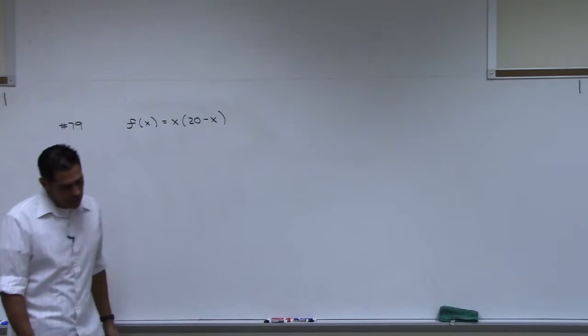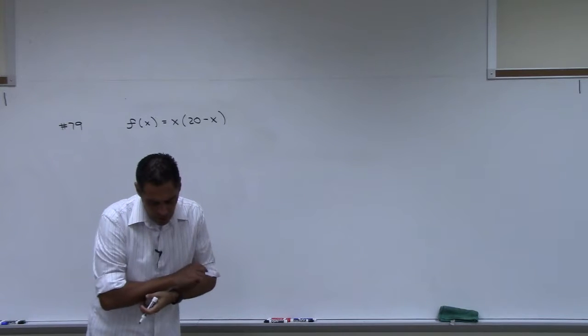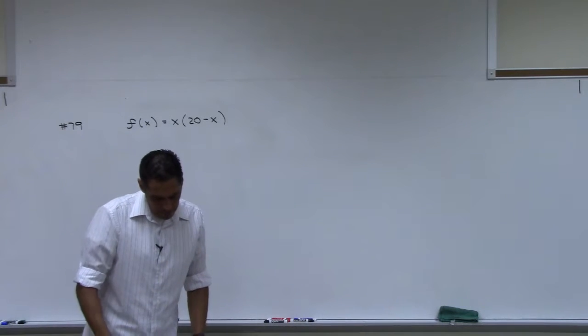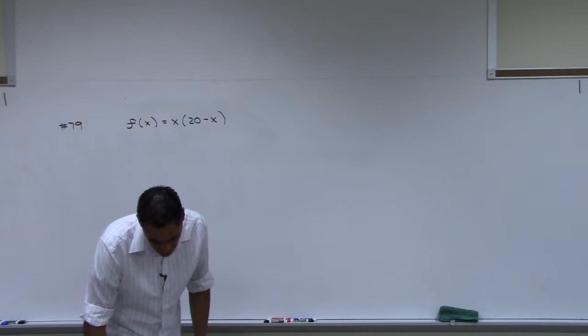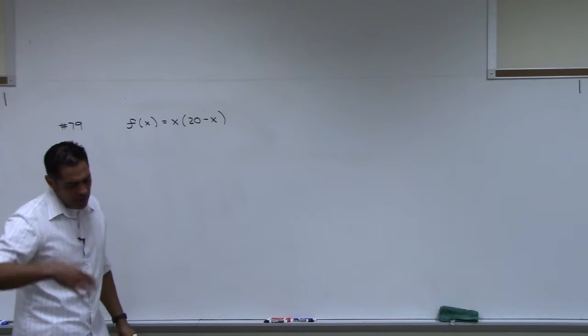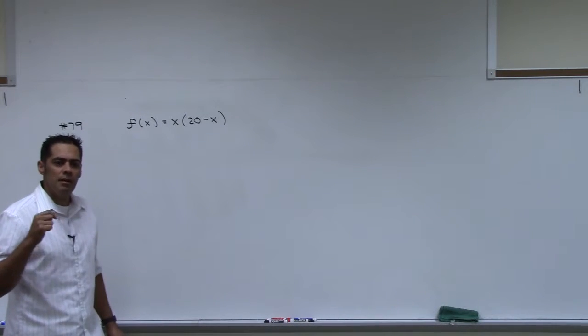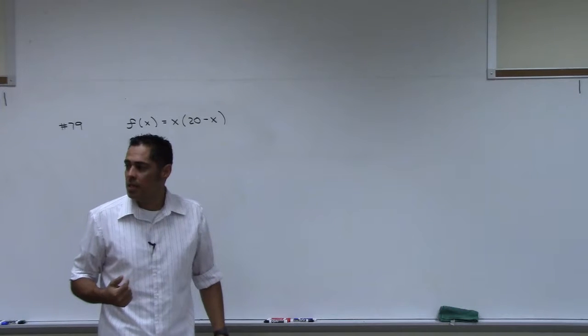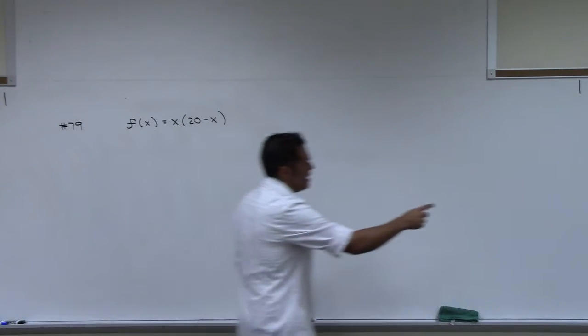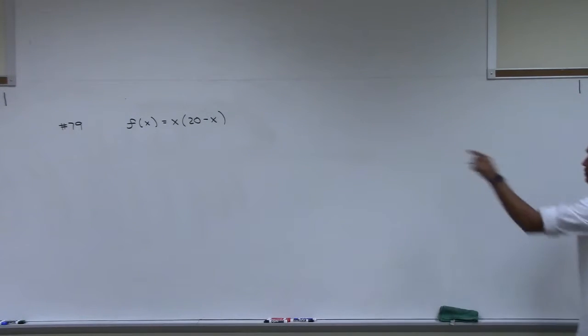The instructions are to find and simplify a couple of different things, but I want to talk just about the difference quotient, which would have been part C.